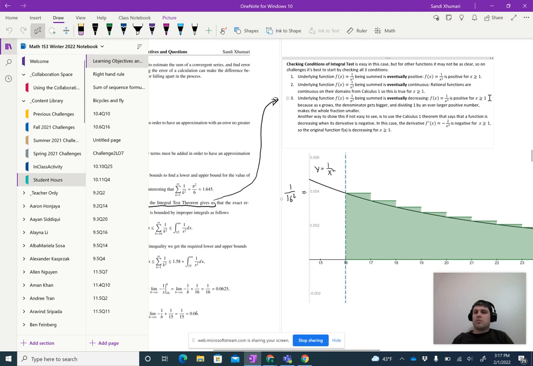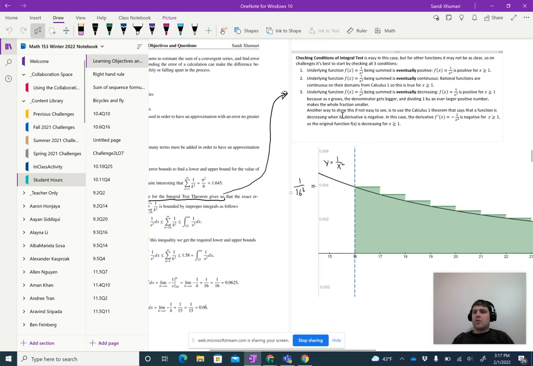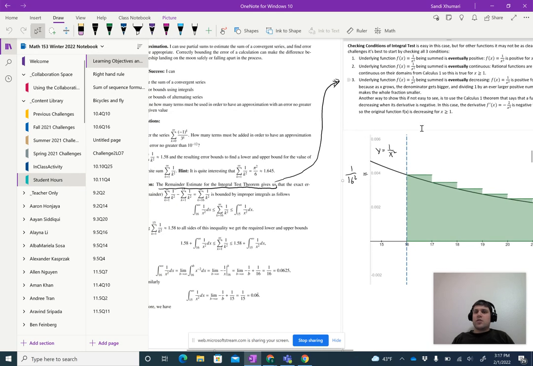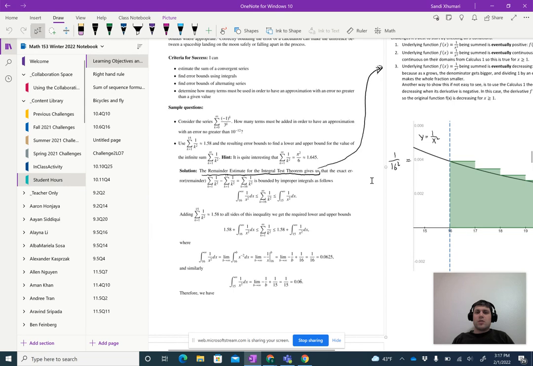That happens to be 1 in this particular case, but it could be 100, a million, it doesn't matter. As long as for all x past that one value, the function is always decreasing, always continuous, always positive, you can apply the integral test. There are other ways to check that a function is decreasing, so check that description as well.